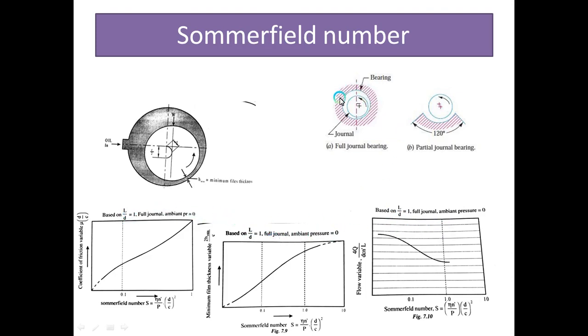The bearing portion surrounds the entire journal, 360 degrees we call it. A partial journal bearing is one more type, where it does not surround the journal fully but partially surrounds it at some angle, maybe 120 degrees. And a full journal bearing has 360 degree coverage, covering the shaft, journal and the bearing.